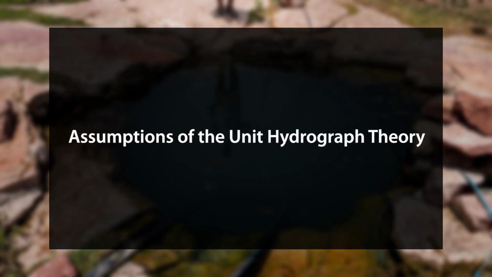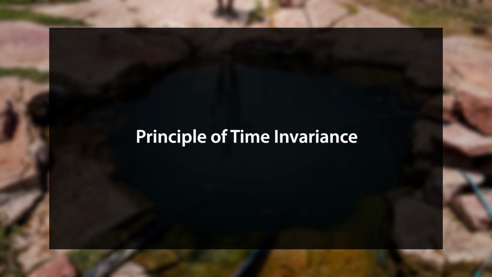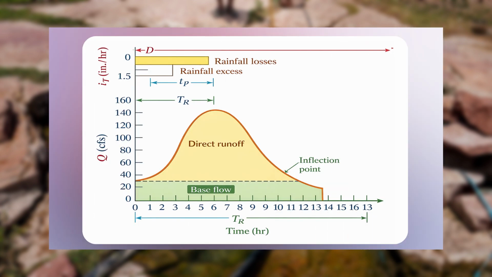The next important aspect is assumptions of the unit hydrograph theory. The theory of the unit hydrograph is constructed on two major assumptions that simplify the complex rainfall processes. Number A is the principle of time invariance. This assumption states that the response of a drainage basin to a given pattern of effective rainfall remains unchanged with time.